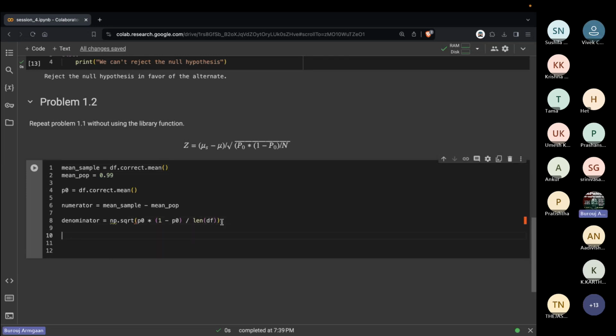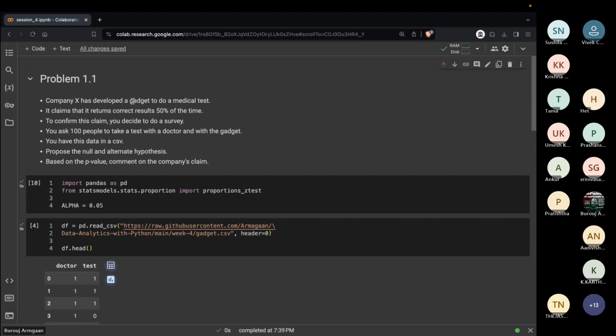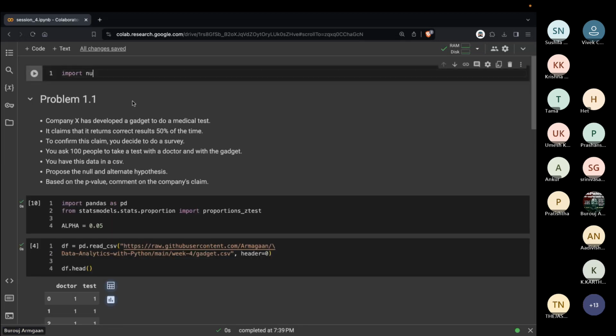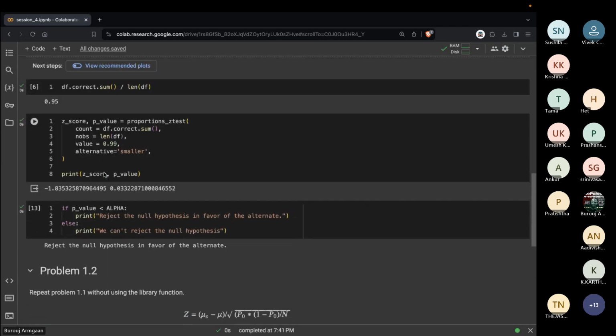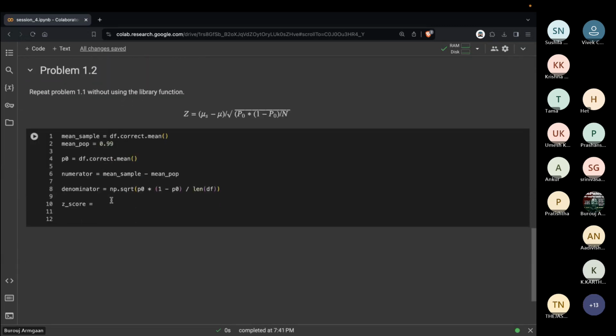Square root of all of this, and we'll have the z score equal to... we don't have numpy. It was showing sqrt from the math library actually.